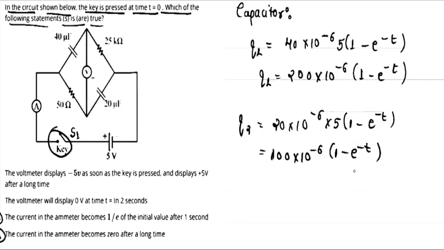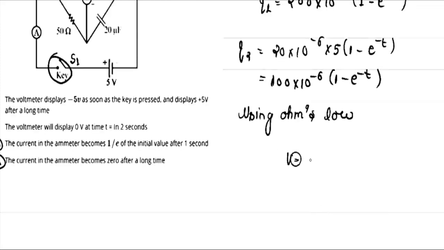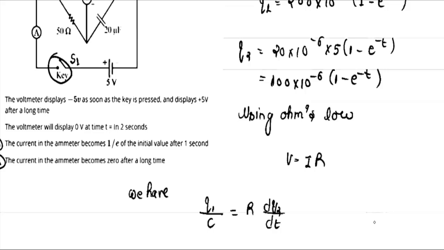Okay, and applying Ohm's law, that is V is equal to IR. We know that Ohm's law is the basic rule, V is equal to IR, and we have q1 upon C is equal to R dq by dt.